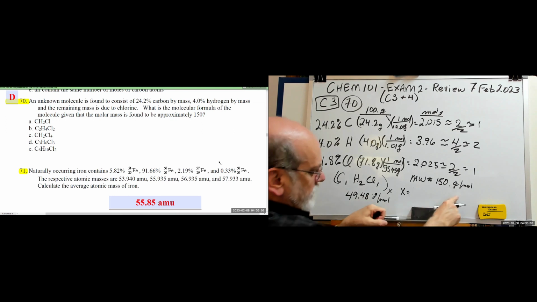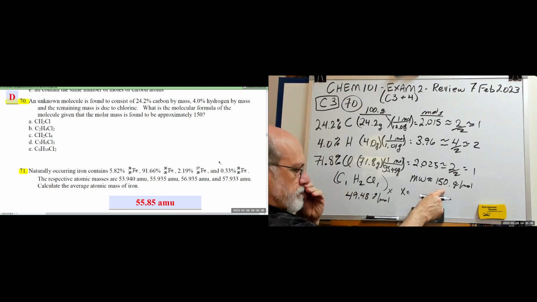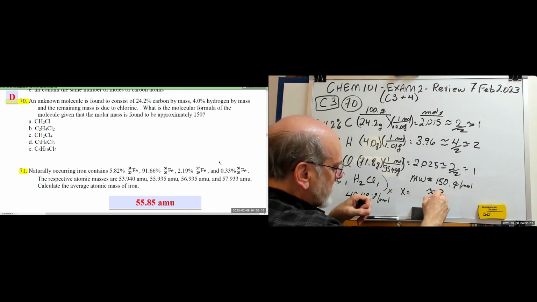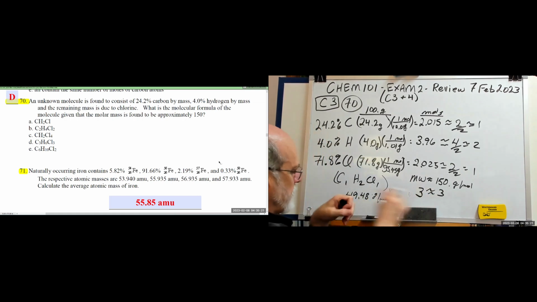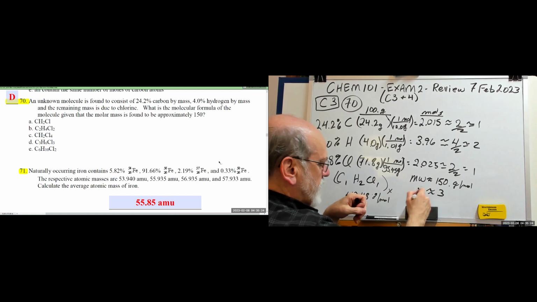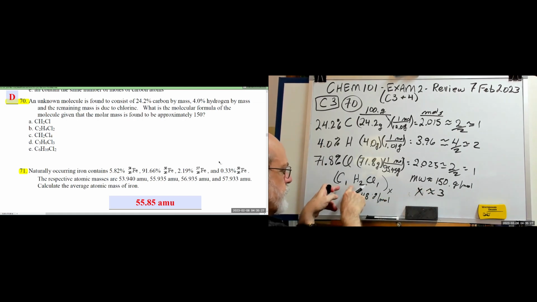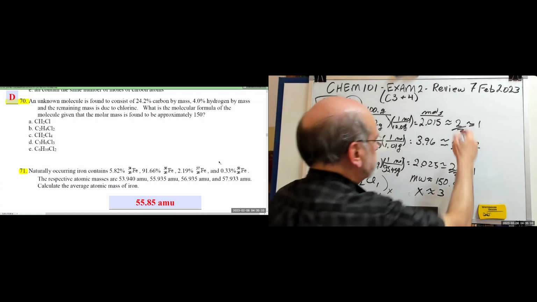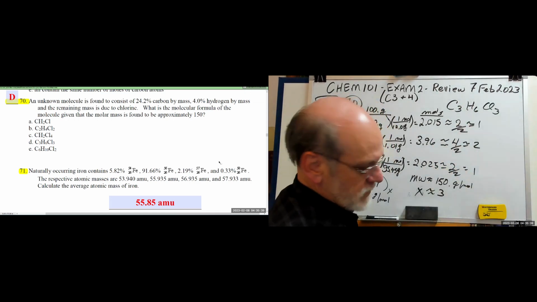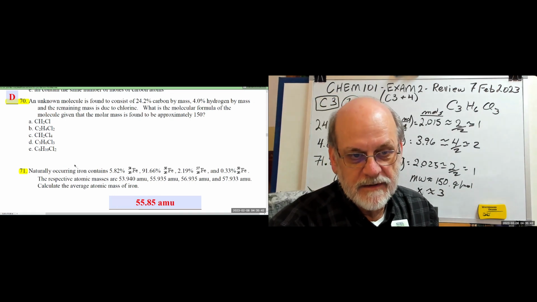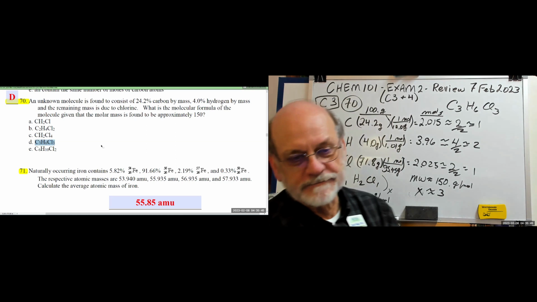So X, if this is the approximate molar mass and this is the empirical mass, then the ratio is about 3. That's what X would be. X is approximately 3. So that means this is C3H6Cl3. There it is. Right there. Okay.